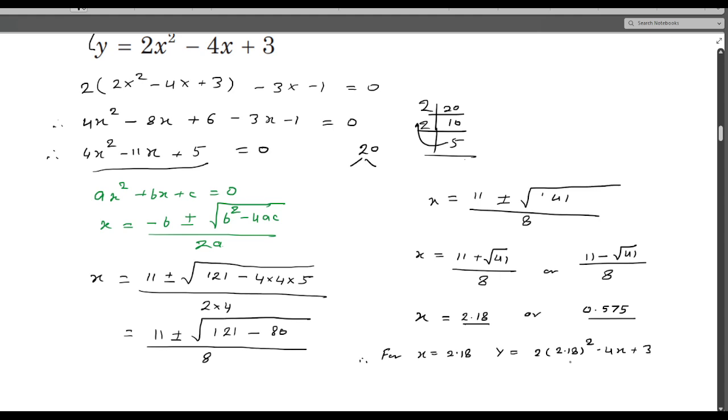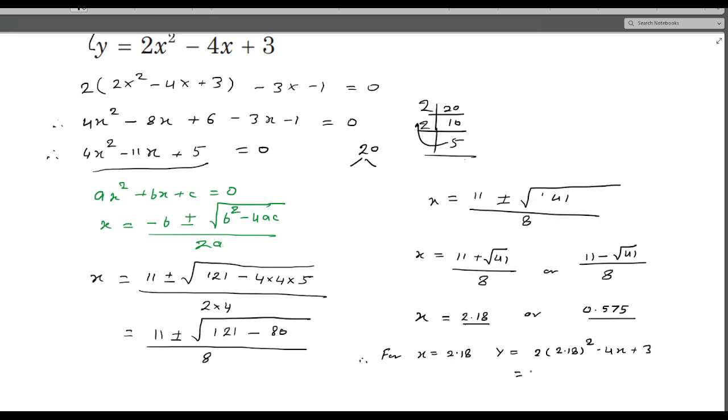Now I'm writing this as 2.18, but whatever result you got in your calculator, please use that value while solving. So in the calculator it is 2.17539 and so on.